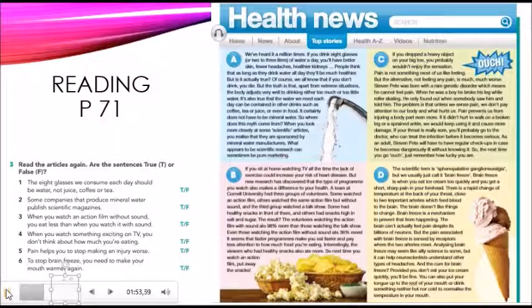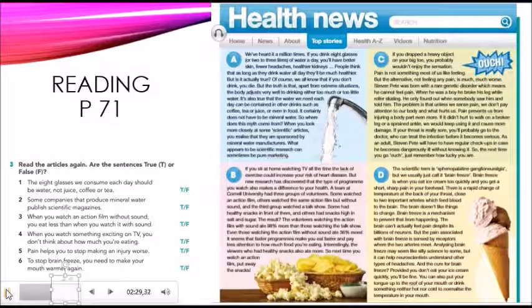The result? The volunteers watching the action film with sound ate 98% more than those watching the talk show. Even those watching the action film without sound ate 36% more. It seems that faster programs make you eat faster and pay less attention to how much food you're eating. Interestingly, the viewers who had healthy snacks also ate more. So next time you watch an action film, put away the snacks.